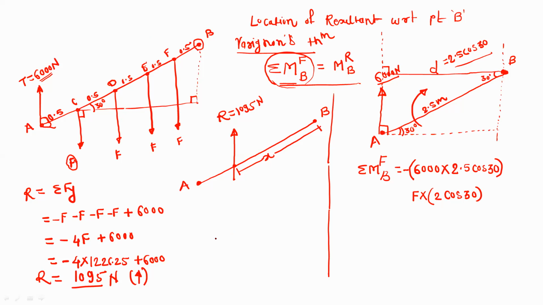Because actually, this is the point C, this is the force F, and this is the point B. Along this CB, the distance is 2 meter, and we are interested in the perpendicular distance.